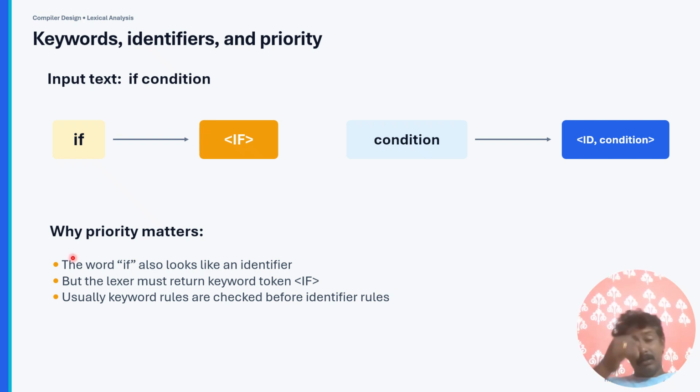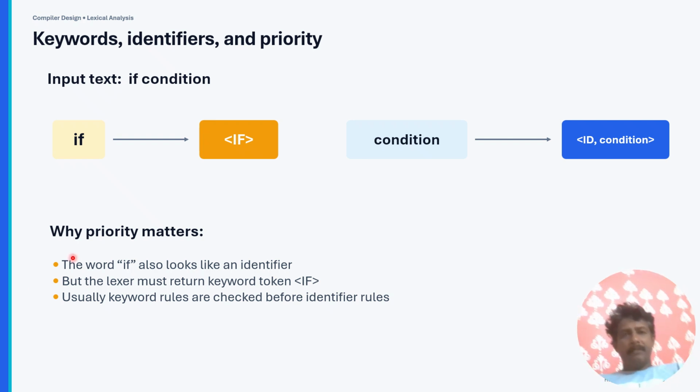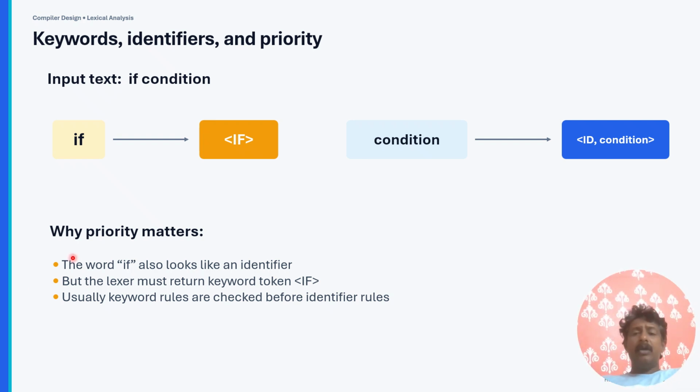Okay, here a small doubt may come, right? The word if starts with a letter, so it also matches the identifier pattern. But in a programming language, if is a keyword, so the lexer should return an IF token, not an ID token. This is where priorities become important.